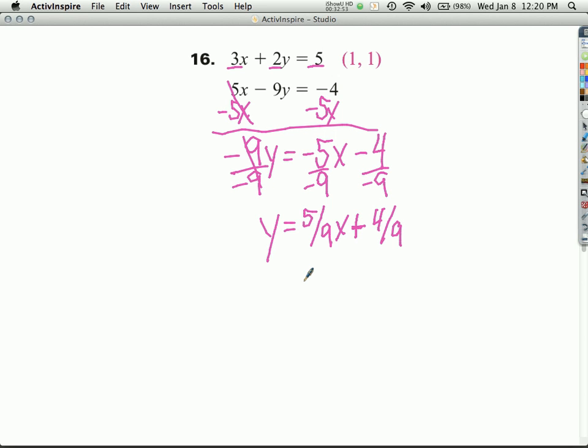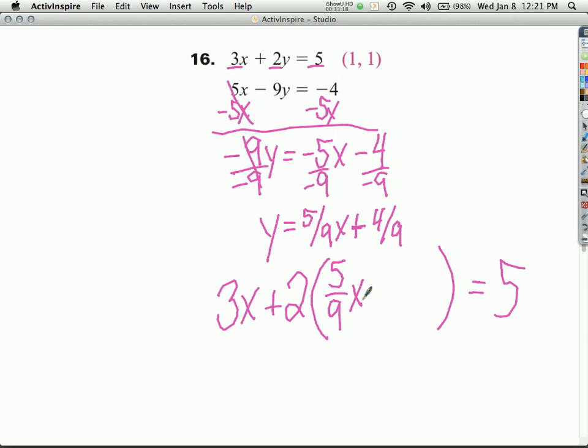However, there are certain situations where working this out with fractions is going to be really challenging. I mean, look what happens when we plug this back into this. We get 3x plus 2 times this ugly expression. And I can tell by the 2 and the 9 that this is going to continue to be very, very ugly. I mean, really hard to manage.